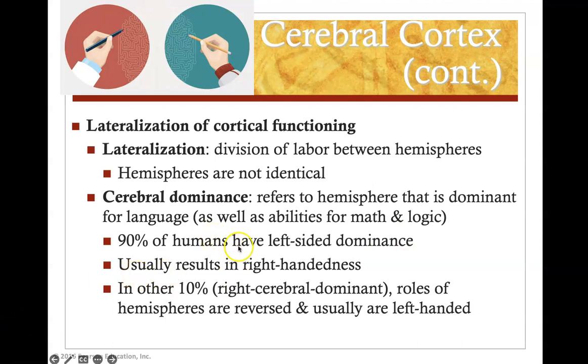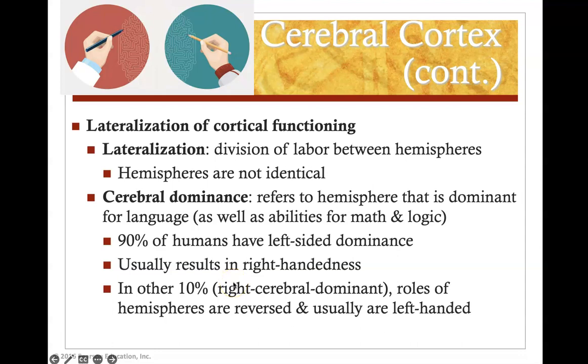So again, 90% of us humans, if you're right-handed, because that motor function's on the right side, then you are left-sided dominance. Because when you're writing, that's associated with language. So if you're right-handed, you are left-sided dominant. Again, we're just talking about cerebral dominance, for focus on language, math, and logic.